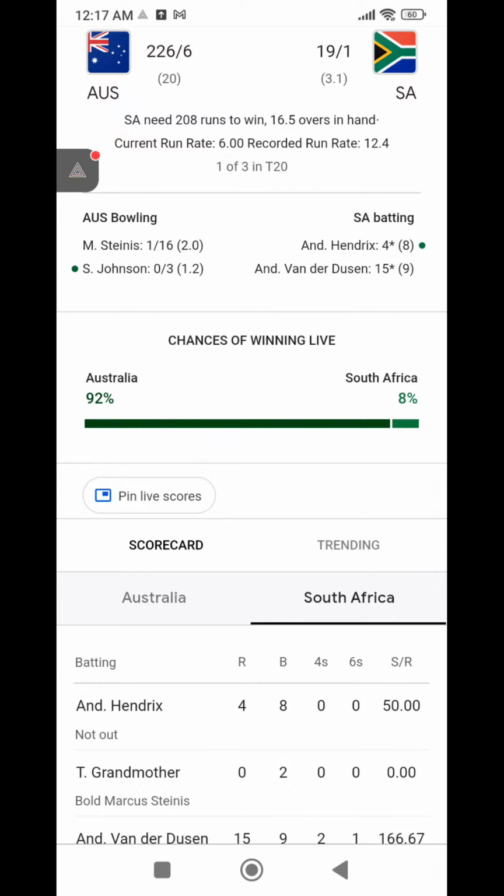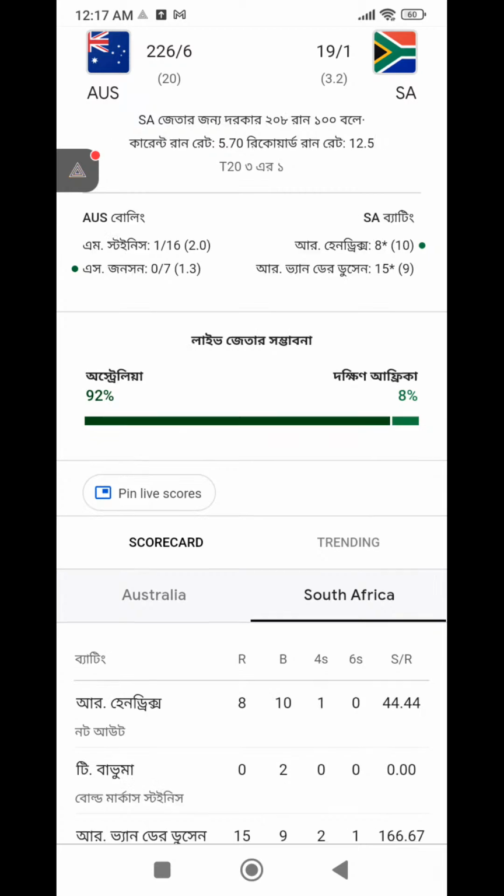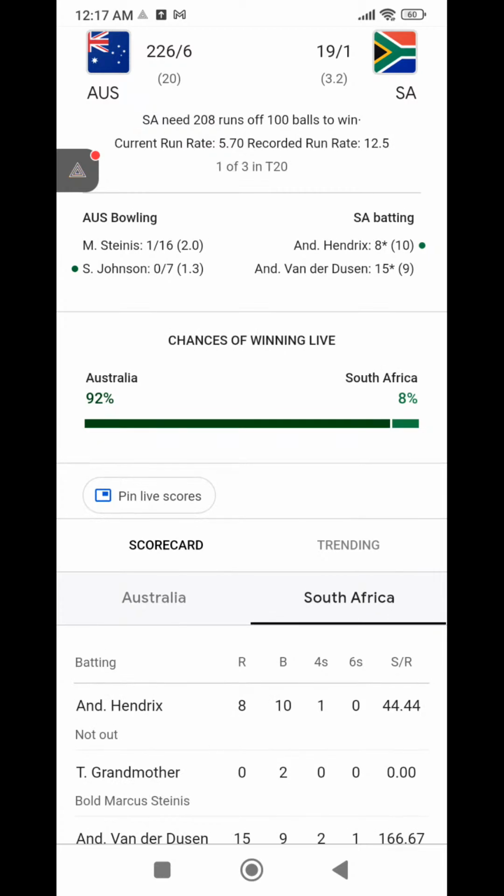19 for the loss of 1 wicket in 3.1 overs. South Africa need 208 runs to win in 16.5 overs.